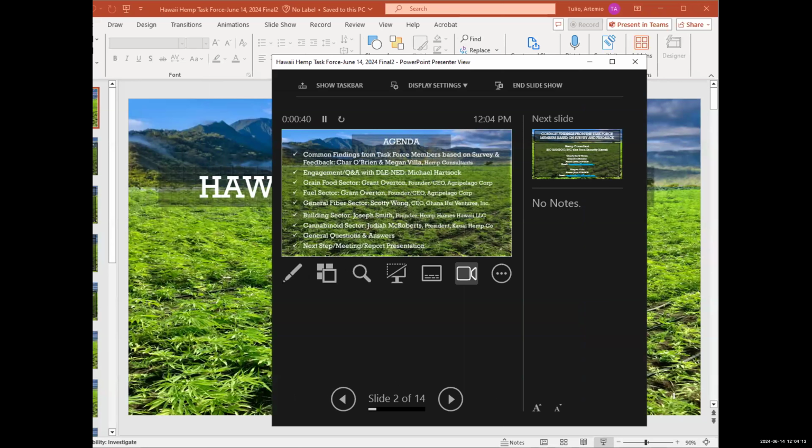And the agenda for today's meeting is as follows. First, we'll have our hemp consultant talk about the findings based on the survey that you filled out, and also the feedback that they gathered from you.